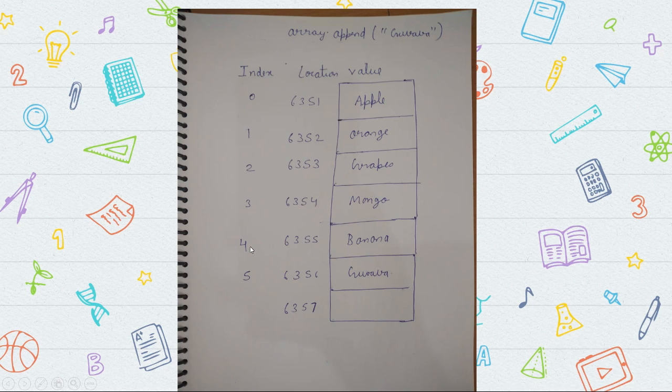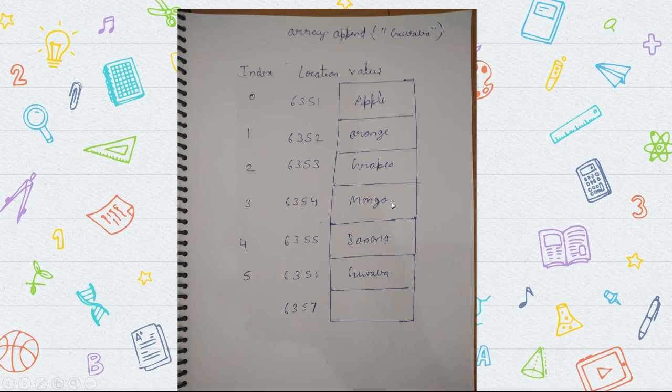Okay, so guys, in this case you see that we have to traverse through these elements of the array. That is, we first remove grapes from the 6353 location, and then add it to 6352, and then we remove mango from 6354, and then add it to 6353. Then we remove banana from this location and add it to this location.